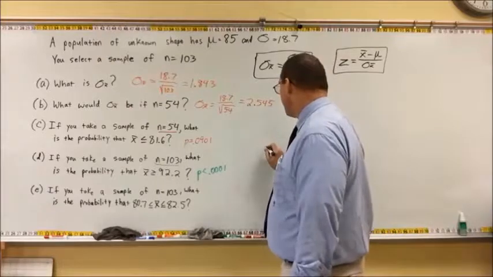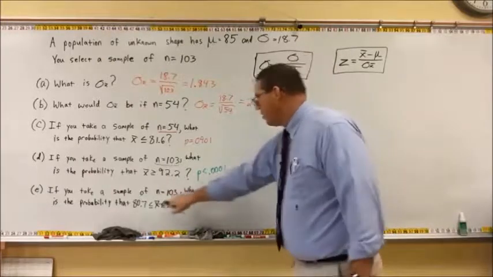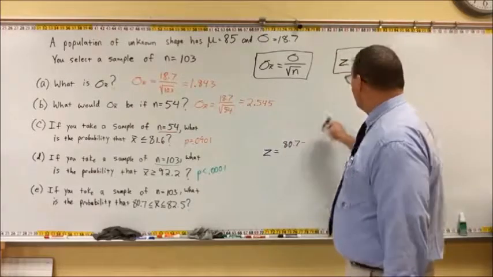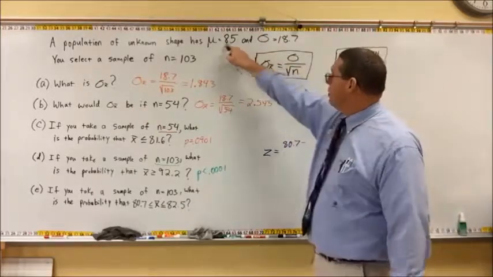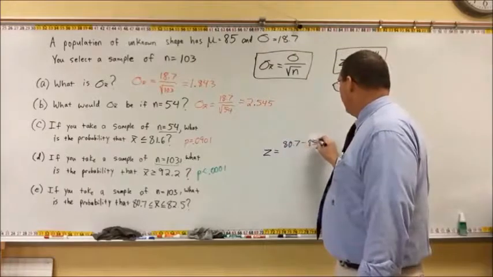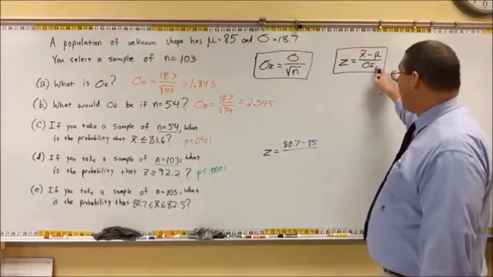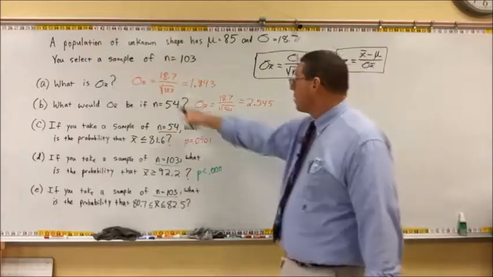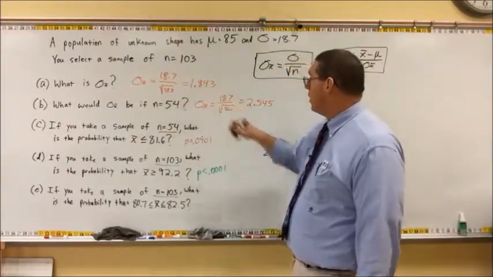So we need two z-scores here. We need a z-score that goes with 80.7. So we're going to do 80.7 minus the population mean, which is 85, divided by the standard error that goes with a sample size of 103. Well, that's up here, 103, 1.843.